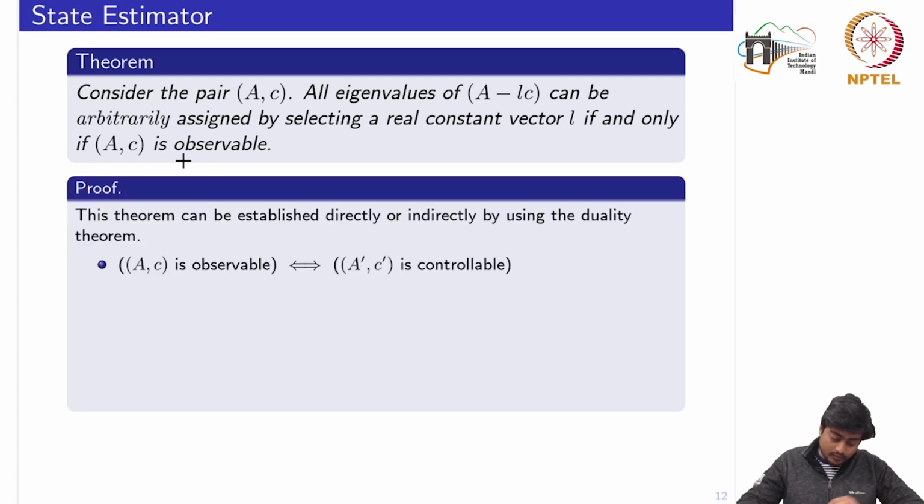We can see a quick proof that this theorem can be established by using the duality theorem, which we introduced last week, in the 7th week. We know that the observability of the pair A, C is equivalent to saying that the pair A transpose, C transpose is controllable.